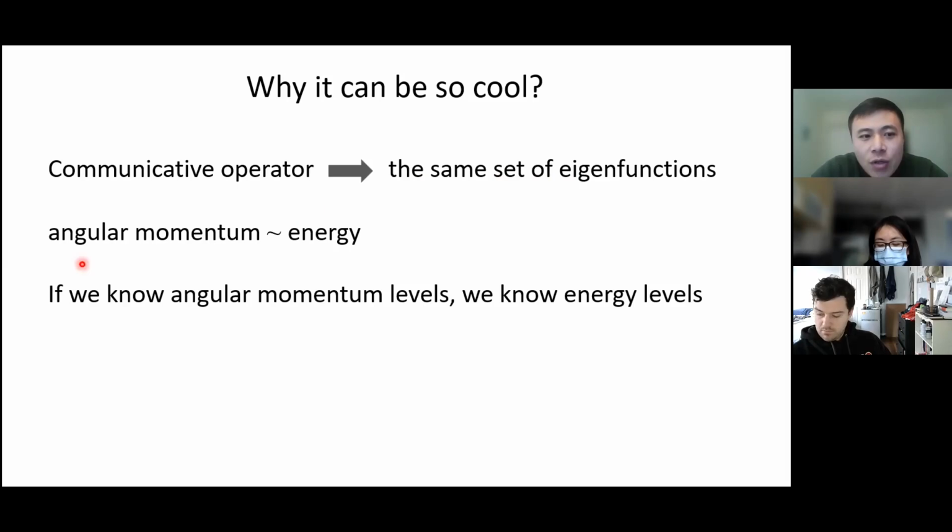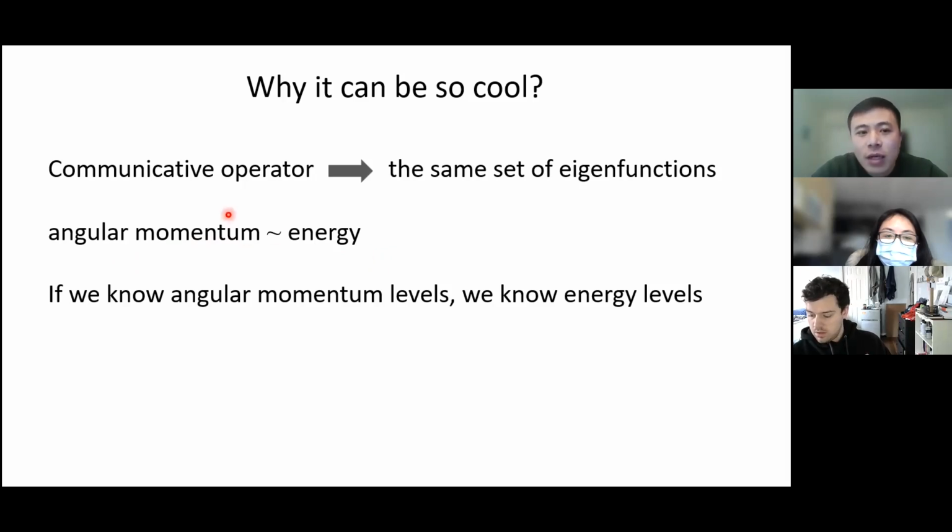In fact, we're utilizing this kind of correlation. The intrinsic correlation is that there's a correlation between angular momentum and the energy. So this angular momentum can be either the spin angular momentum or the orbital angular momentum or the total angular momentum. And there's a correlation among them. For example, if two states have a different angular momentum, they would also have different energies.